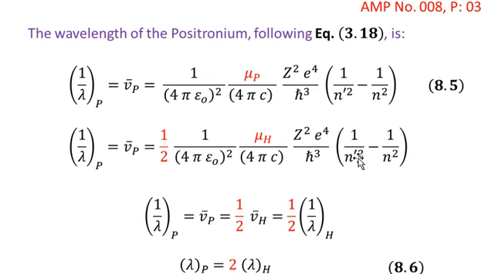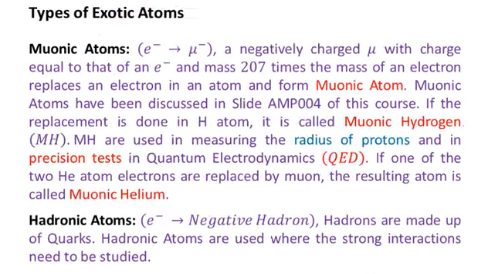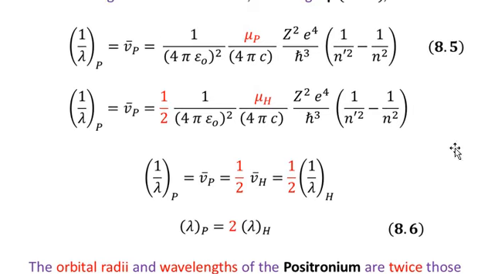So you can identify these terms to be the wave number of the hydrogen atom. So you can write the third step in this calculation as 1 over lambda with a subscript P is equal to nu bar P is equal to half nu bar H is equal to half of 1 over lambda H. And you know that nu bar and wavelengths are reciprocal to each other.